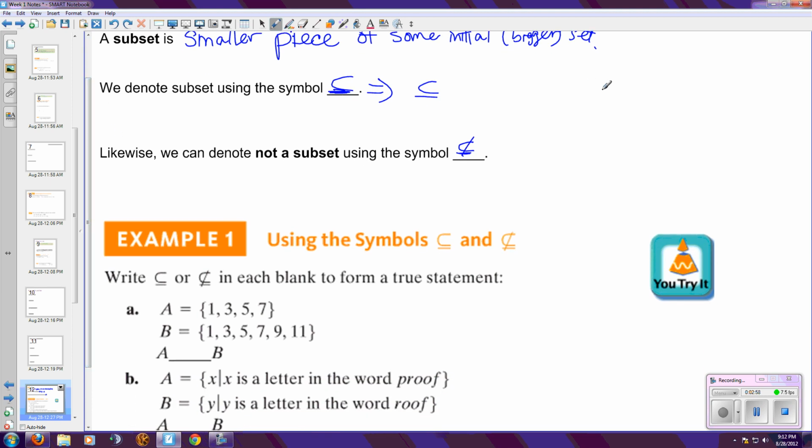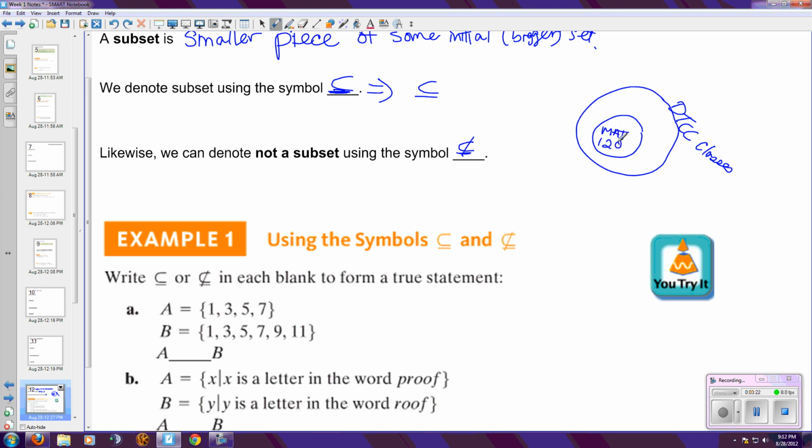So a lot of times, more for a visual idea of subsets, let's say this big circle here represents all students at Delaware Tech, or all the classes that Delaware Tech offers. So let's say this is DTCC classes. Now, within this, we have our Math 120.